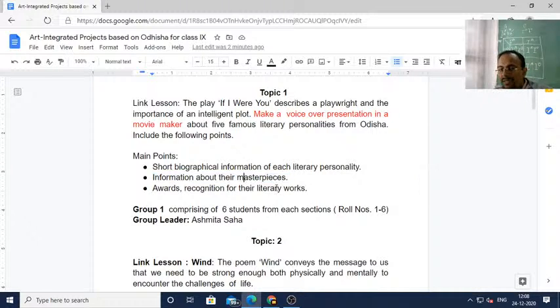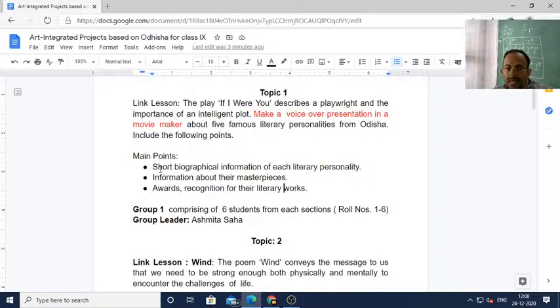First of all, the names of their masterpieces, then you have to write what each of these masterpieces talks about. If he is a poet, what does his poem talk about? If he is a novelist, what does his novel talk about? If he is a dramatist, what do his plays talk about. Understood? Next is award recognition for their literary works.